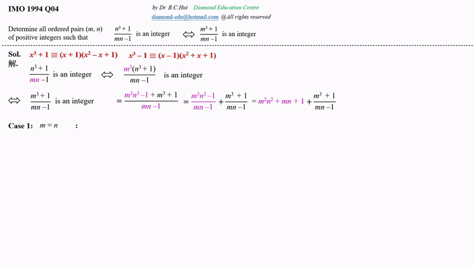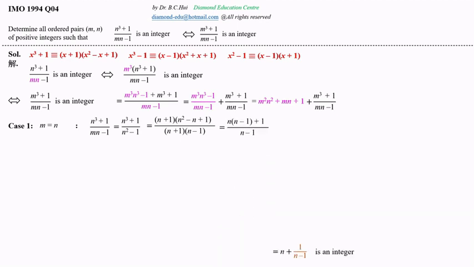Let's consider the simplest case, m equals n. The quantity could be simplified as (n^3 + 1)/(n^2 - 1). By means of another simple identity, we can further simplify this quantity as (n + 1)/(n - 1).